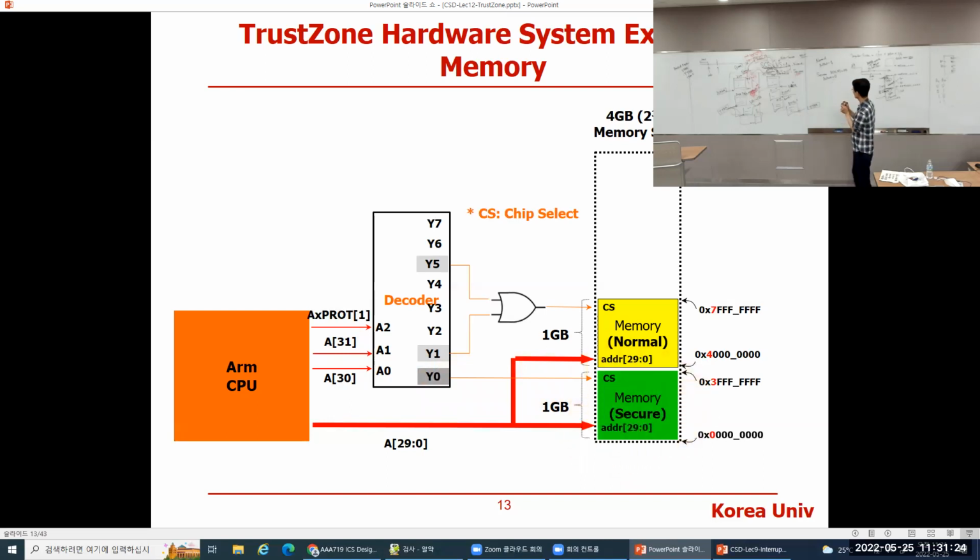So how about the normal world case, the second 1 gigabyte? The address bits 31 to 30 are 0 and 1.